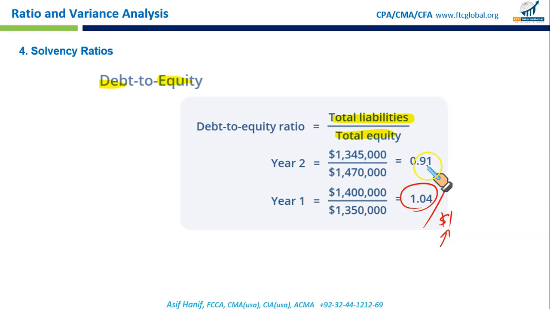In the current year, for every $1 of equity holders, debt is 0.91. So that means our solvency has improved. Our debt is proportionally a lower proportion of equity. Previously it was higher. So yes, the debt to equity ratio, the measure of solvency, shows that our solvency has improved. Debt as a fraction of the equity has decreased.